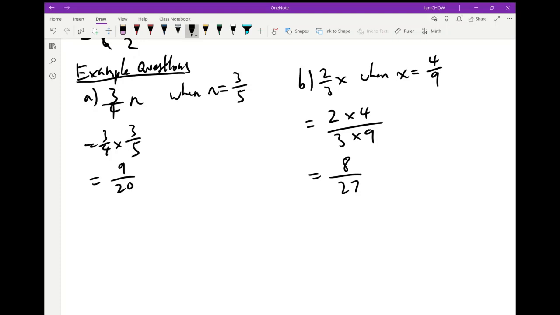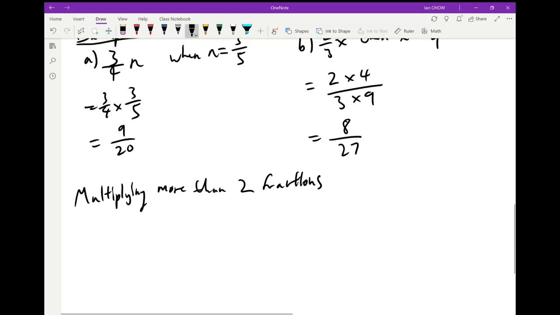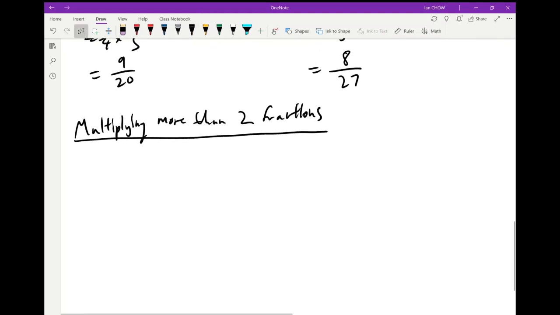Now, what if we have multiplying more than two fractions together? So, multiplying more than two fractions. For example, let's say we have 1 over 6 times 3 over 4 times 2 over 5. So we have three fractions that we want to multiply with each other. Now, it is still the same as top times top times top.